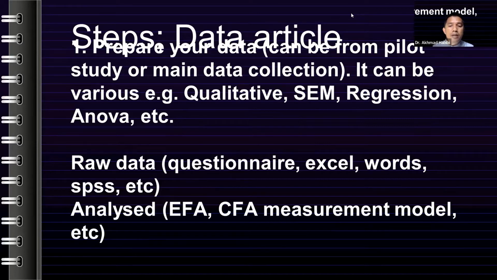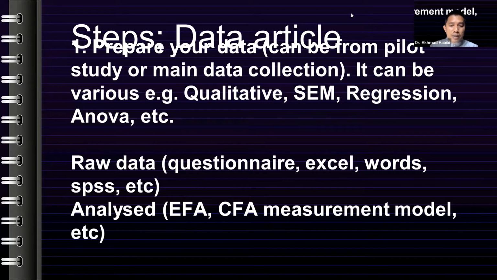So the first step is to prepare your data. It can be from a pilot study or main data collection. It can be various: qualitative data, statistic data with regressions or ANOVA and so on, or any data that you can submit within the paper. And then the raw data like a questionnaire, Excel, Word, SPSS, and so on.